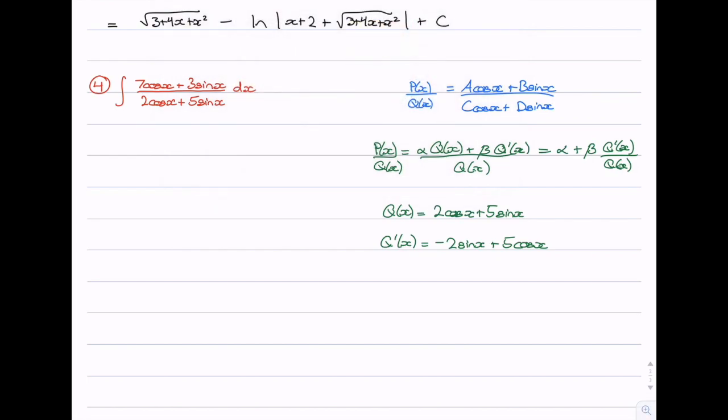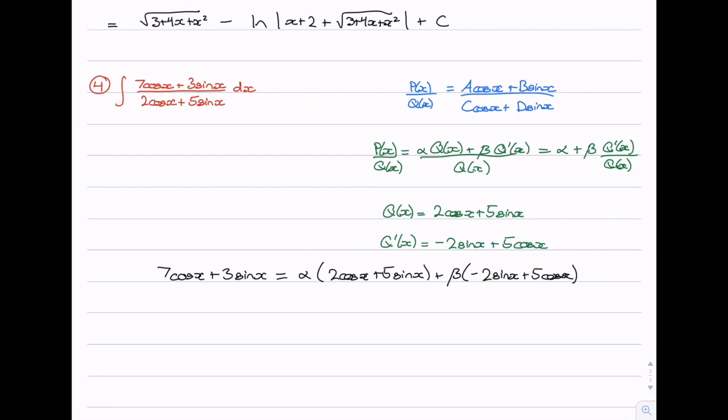So we want to write p of x. What's p of x? P of x is 7 cos x plus 3 sin x. We want that to be equal to some constant alpha times q of x, which is 2 cos x plus 5 sin x, plus another constant beta times q dash, which is minus 2 sin of x plus 5 cos of x.